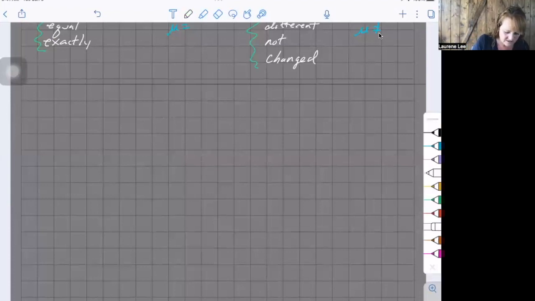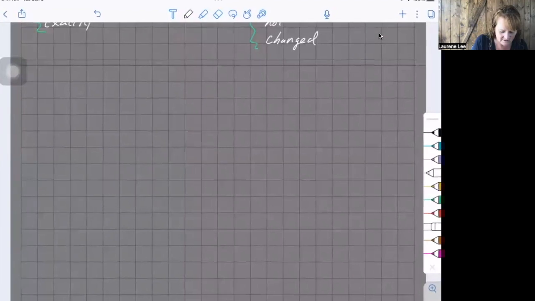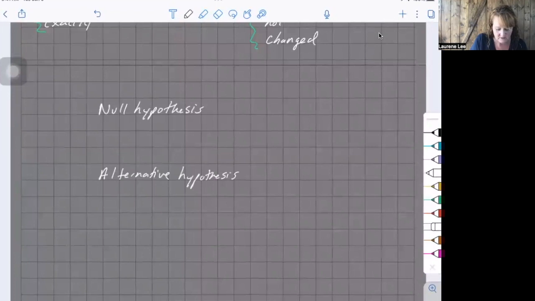And the way we're going to assign names to them is one is going to be called the null hypothesis, and the other one is going to be called the alternative hypothesis. Now, this labeling has nothing to do with what the claim is. So I need you to hear that. We've already established what the claim is. We are going to assign these labels differently.